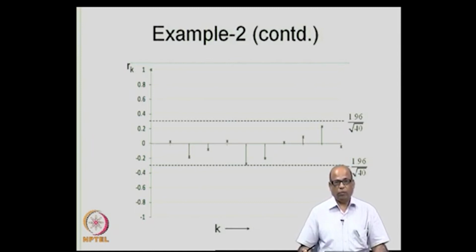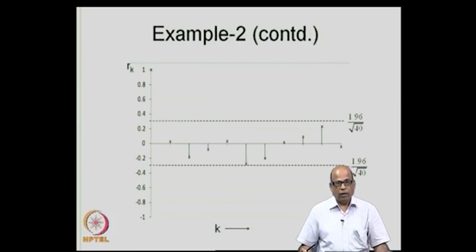Now, the significance of r k is important because we are looking at the dependence, whether a particular value at a time t depends on the value at another time t minus k, that is given by rho k, or r k in the case of samples. Given a value of r k we should be able to say whether it is significant or not.